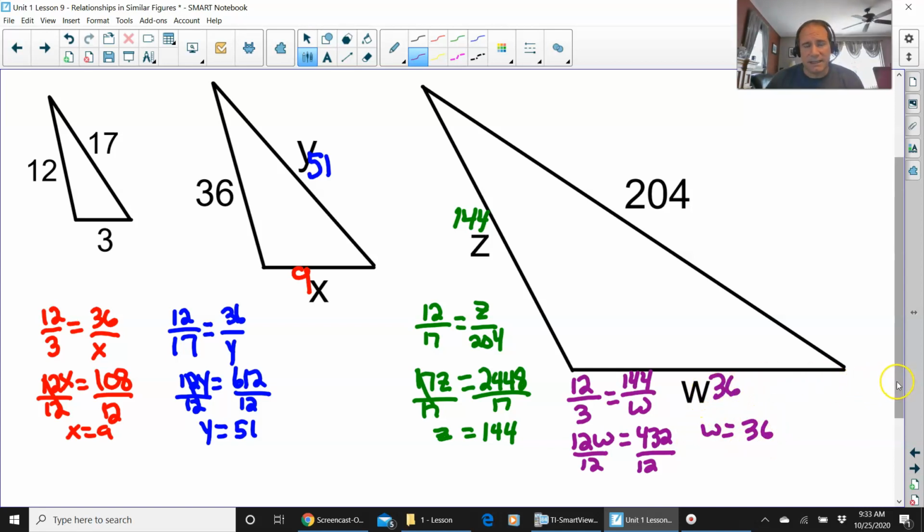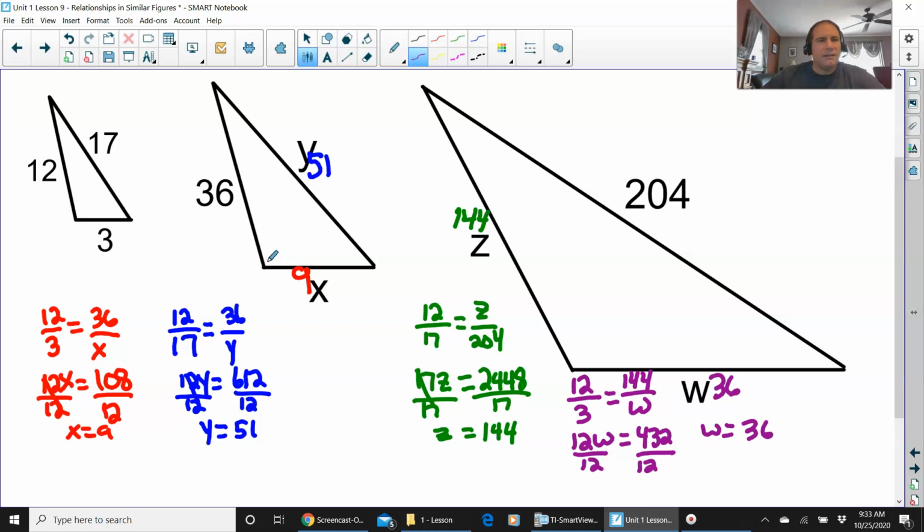And that is it. The fast finisher did mention some other way of doing it. You could see that there are multiples of each other here to get from one to the other. And if you could figure out those multiples, then you'll be able to just go ahead and see what that is. So it's 36.